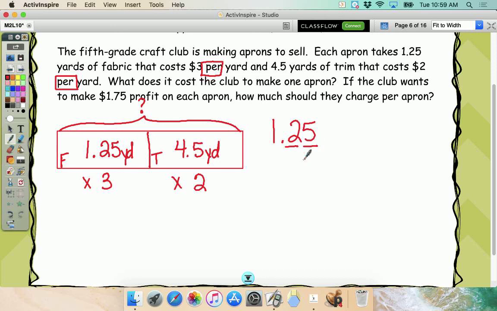So 1.25 times 3 and 4.5 times 2. Okay? And do you remember that one of the strategies was we could underline the digits that are behind the decimal? And then however many are underlined in the problem, we'll underline that many in the answer. Okay, so go ahead and do the multiplication.